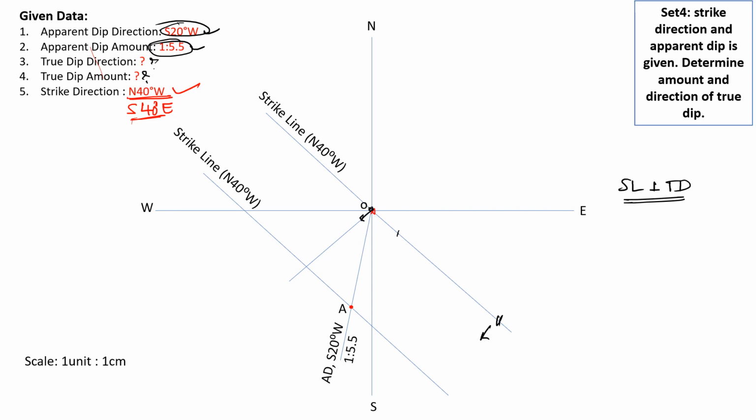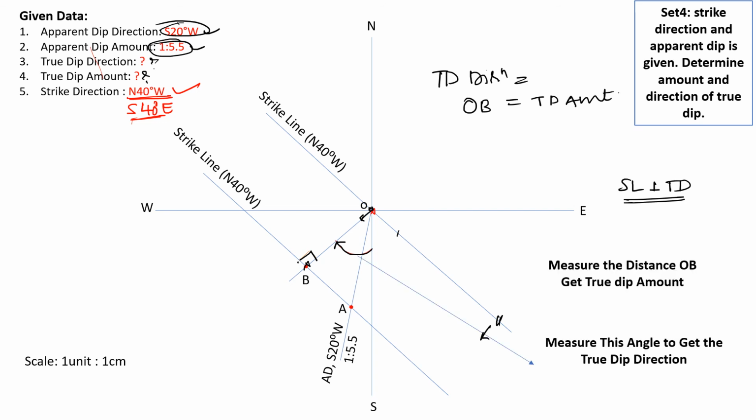Where it intersects, we marked that intersection point and named it as point B. If you measure this angle, we'll get the true dip direction, and if you measure the distance OB, then we'll get the true dip amount. It is as simple as that.